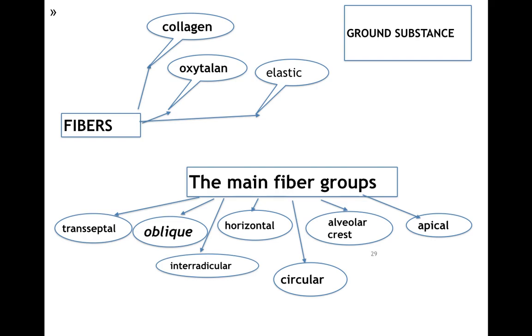These are the main fiber groups. The very thick fiber group is the transseptal fibers. Transseptal fibers are located between teeth above the alveolar bone, and connect one tooth to the adjacent tooth.